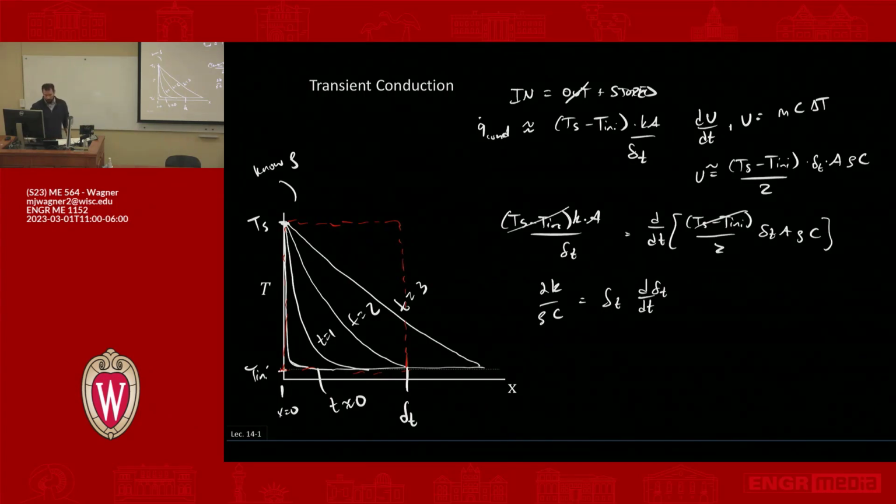Okay. So we have a derivative d delta T dt. We have delta T, and then we have some constant stuff over here. By the way, this looks like a familiar constant group, k over rho c. That's thermal diffusivity. So this thing here is called alpha, thermal diffusivity.